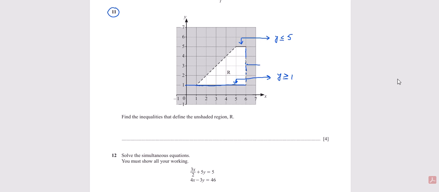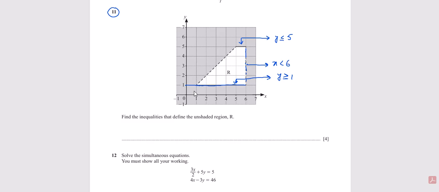This line is x, look at these lines, look at the x-axis, so x is less than 6.